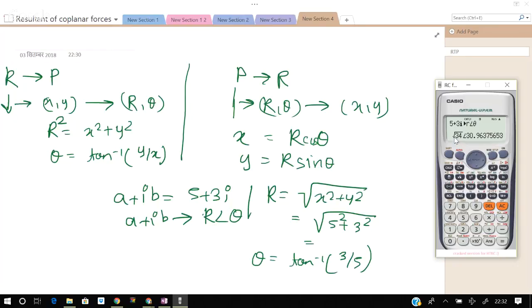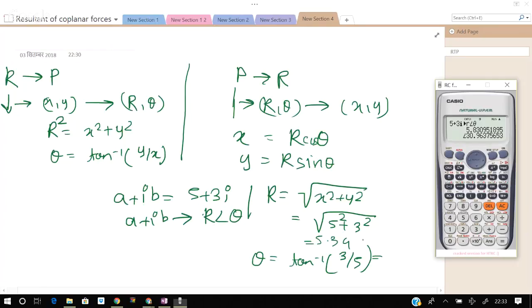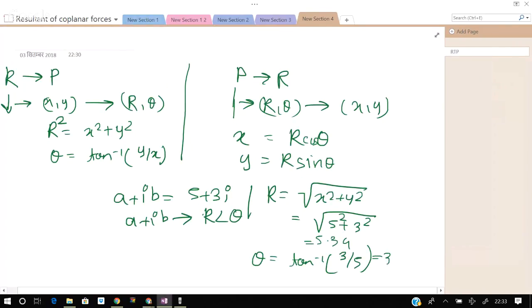Since it is in square root of 34, we'll press S to D. So S to D will give us the value, that is 5.83, and theta is equal to 30.96 degrees. So this is what we have got from rectangular to polar form and polar form to rectangular form.